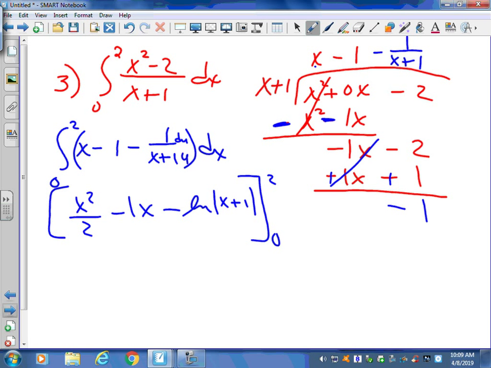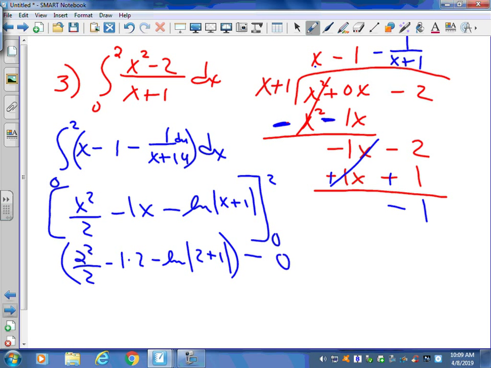All right. So 2 squared over 2 minus 1 times 2 minus ln of 2 plus 1 minus. When you plug 0 into that, that's 0. When you plug 0 into that, that's 0. Is 0 going to be the answer to this one too? Because ln of 1.